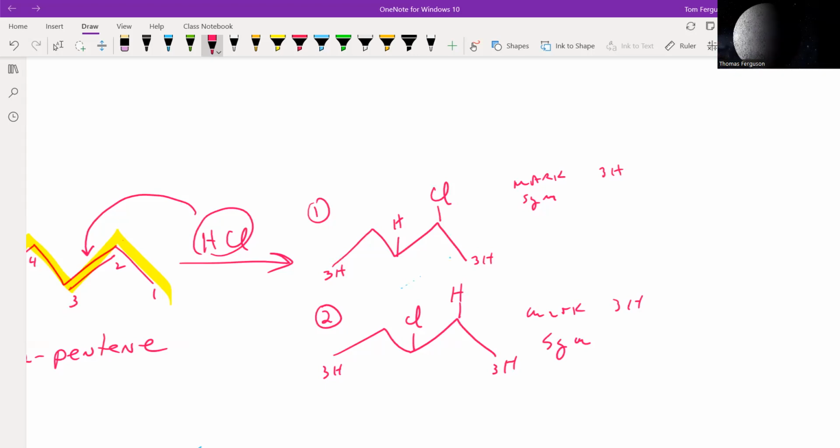So the bottom one is going to be more symmetrical than the top one. Does that make sense? It's balanced. So if you take this one and flip it, it'll look the same. So it's symmetrical. The top one, if you flip it, the chlorine is going to be on the left rather than on the right. Does that make sense? So between the two, we are going to circle the bottom one.